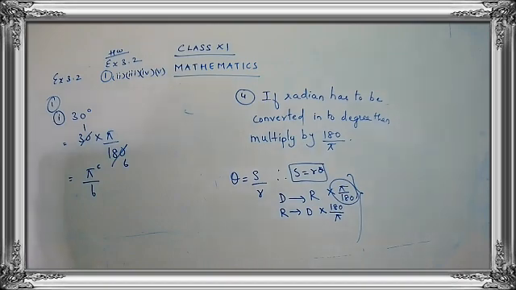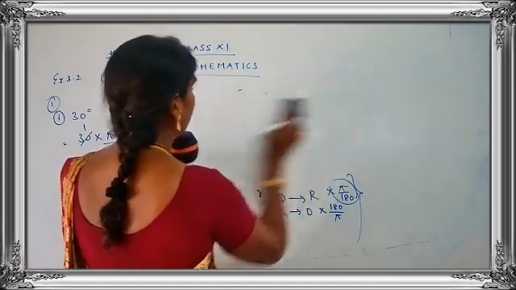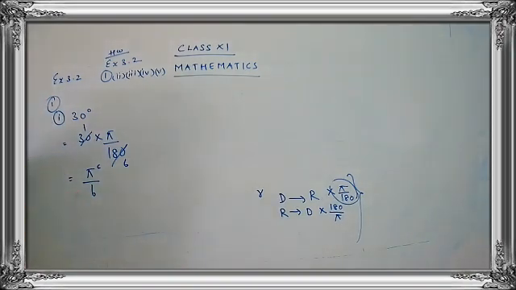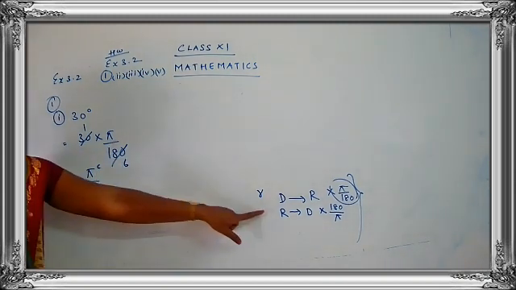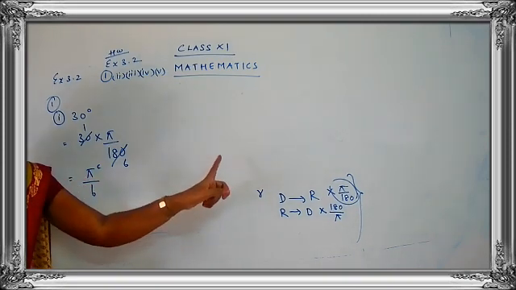Okay, let's go for the second question. Take down the second question. Find the degree measure. Take down the next question. Find the degree measure corresponding to the following radian measure. So they have given you a radian measure and you are going to change it into degree. This is like you have to use the second concept, that is the last point.